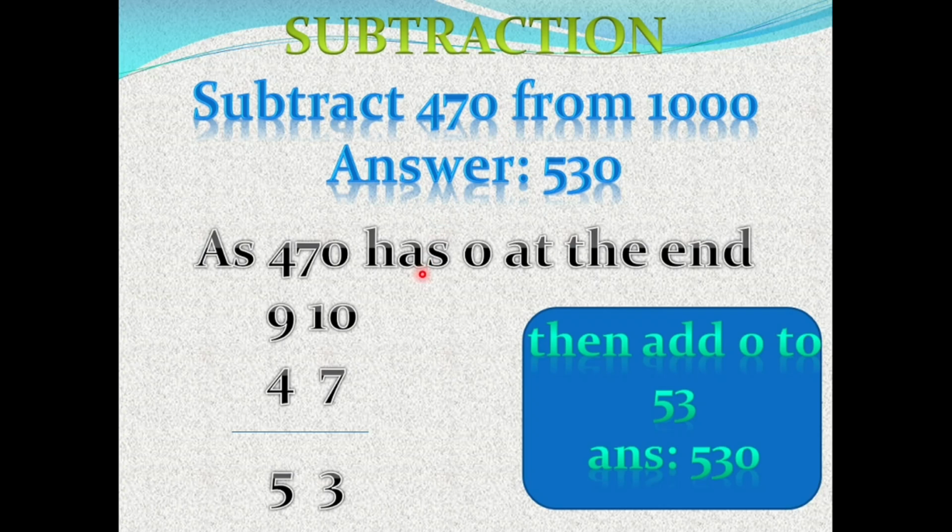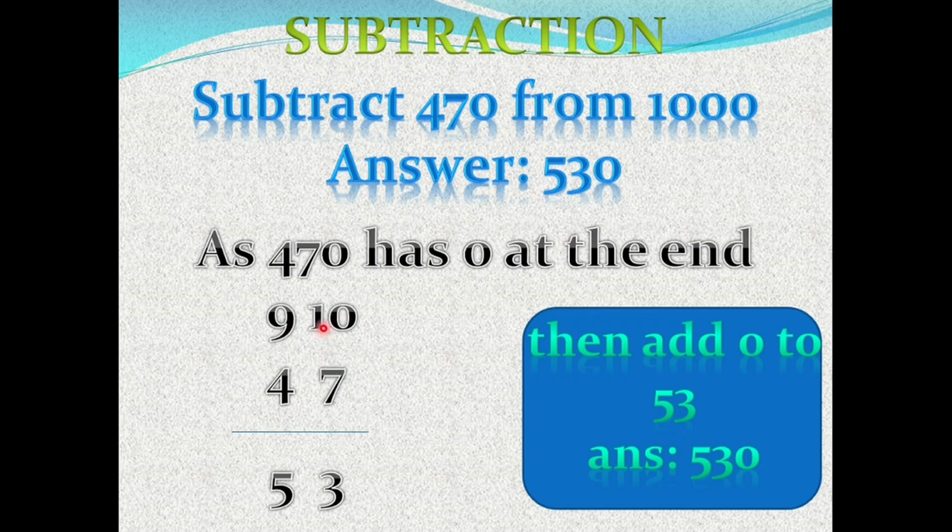As 470 has a 0 at the end, I have to subtract 4 from 9, where I get 5, and I have to subtract 7 from 10, not from 9.